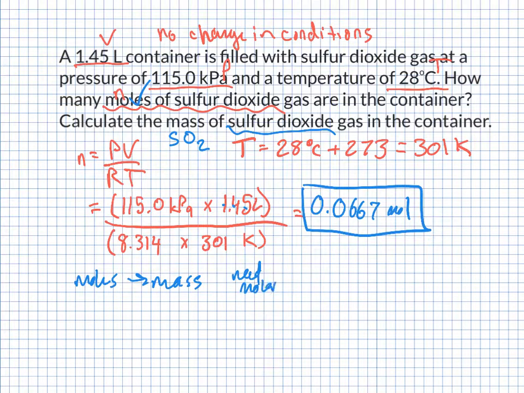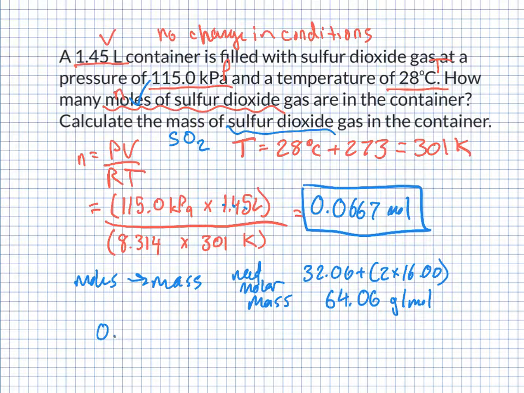It's been a while since we've done that, but that should be easy. So sulfur, 32.06 plus 2 times 16.00 is going to give me 64.06 grams per mole as my molar mass.